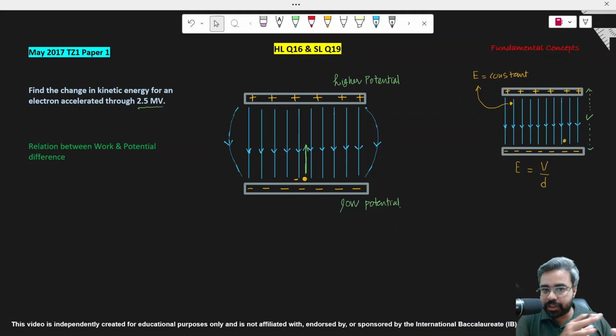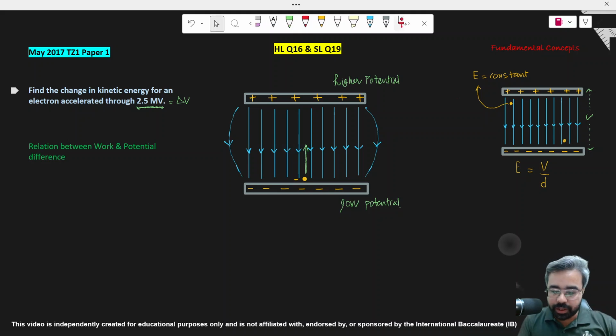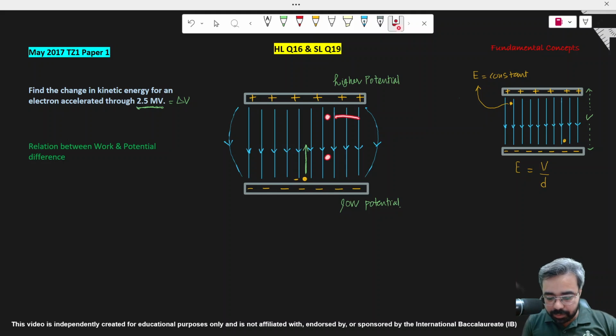Even if it's not mentioned from negative to positive, we are just given the potential difference, delta V. It doesn't mean that it's going from negative to positive. It can go anywhere from this point to that point, but between those two points the potential difference is given to us.